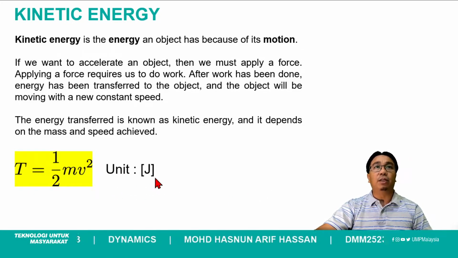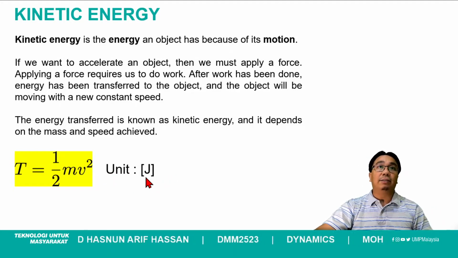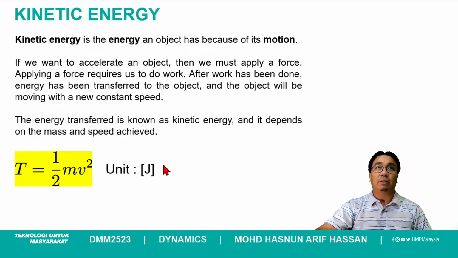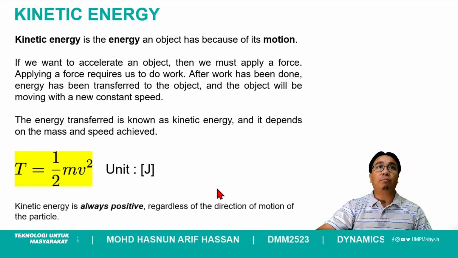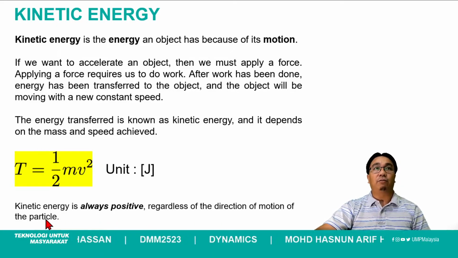What is the unit for kinetic energy? The unit for all energy, any type of energy, is joule. So the unit for kinetic energy is joule, ataupun kita tulis sebagai capital J. Kinetic energy is always positive regardless of the direction of motion of the particle.